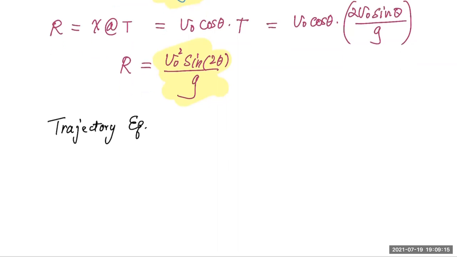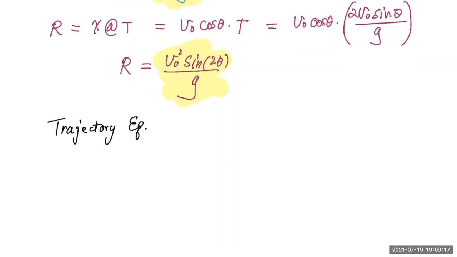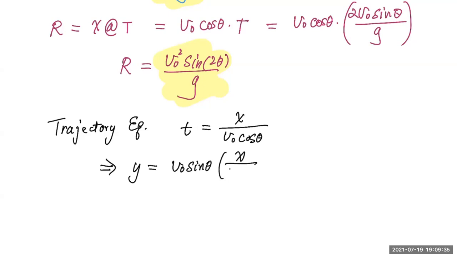Now we learned from equation number 3 that t equals x over v naught cosine theta, which we plug into equation number 4. So now y equals v naught sine theta times t, and t is this guy, x over v naught cosine theta.